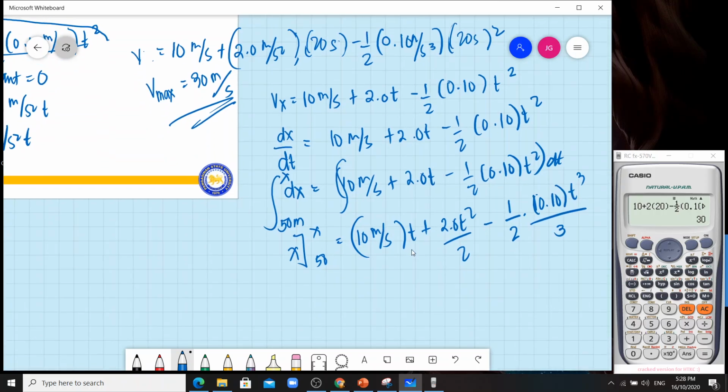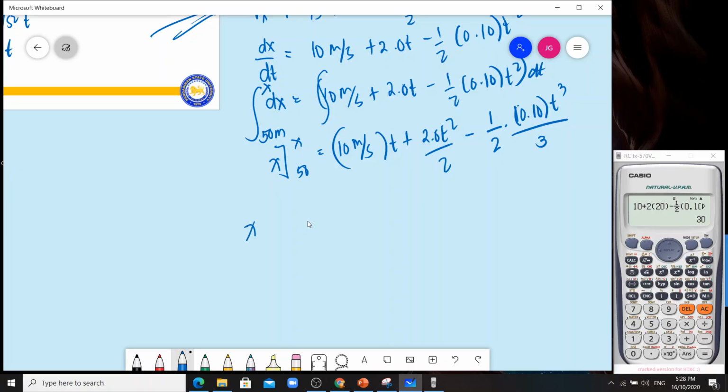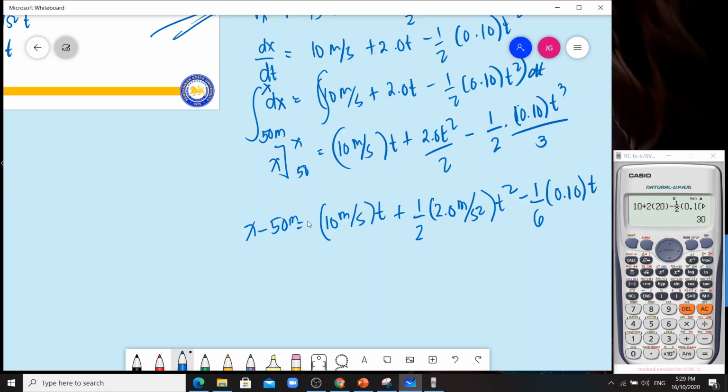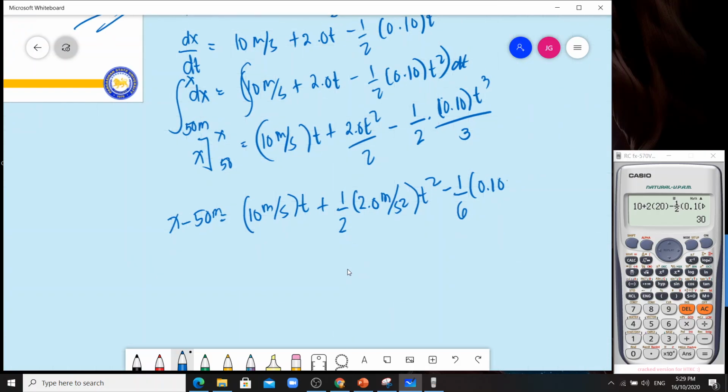So, ayusin na lang natin. So, x minus 50 is equivalent to 10 meters per second t plus 1 half 2.0 meters per second squared t squared, minus 1 over 6 0.10 meter per second cube t cube.